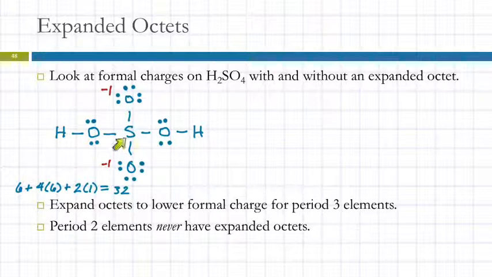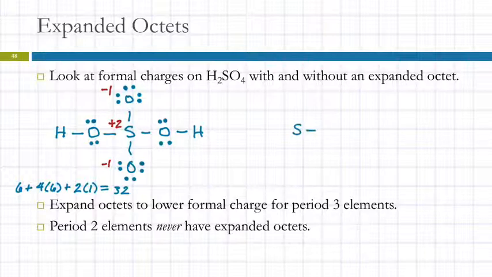And then let's check out the sulfur in the middle. Sulfur brought in 6 electrons, and it would leave with 4. So it's going to have a +2 formal charge. So that structure looks great because it fits the octet rule, but the formal charges aren't so awesome. So we can draw that differently by expanding the octet on that sulfur.